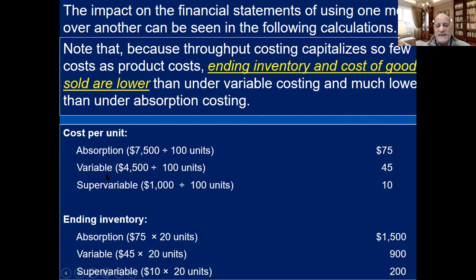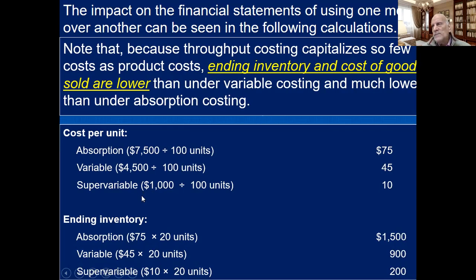Under the variable costing method, we divide the variable manufacturing costs by the units produced, so the variable cost per unit is $45.